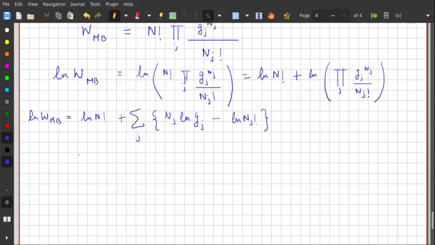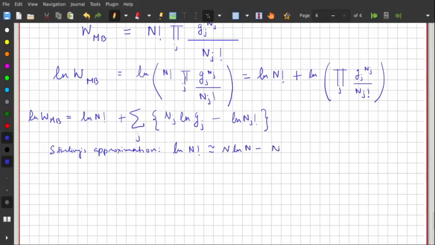Now let's use Stirling's approximation, which says the log of n factorial is approximately equal to n log n minus n for n tending to infinity, for very large n. Technically, since it's countable, it should be greater than 1.